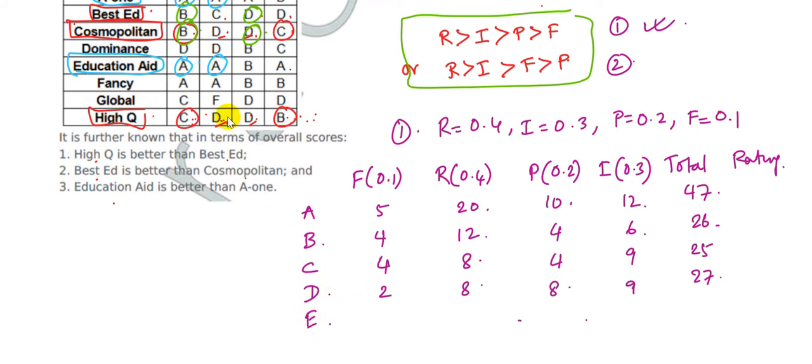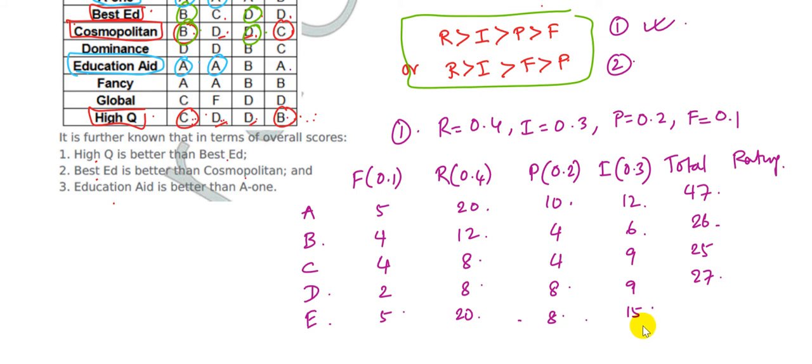Then E would be A into 0.1, that's 50 into 0.1 is 5, then 50 into 0.4 is 20, then 40 into 0.2 is 8, then 50 into 0.3 is 15.